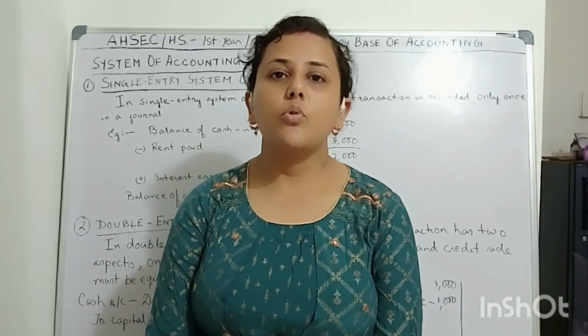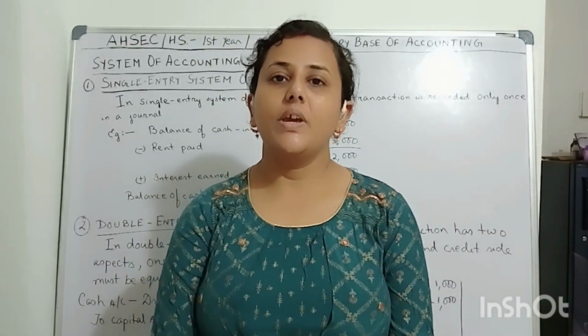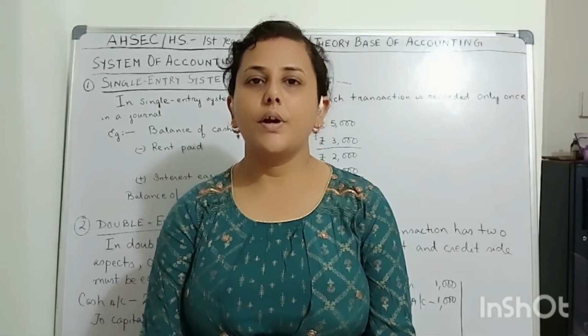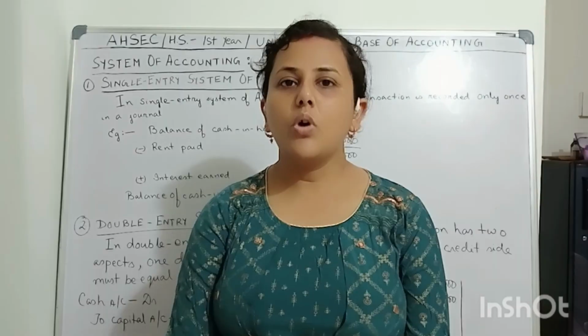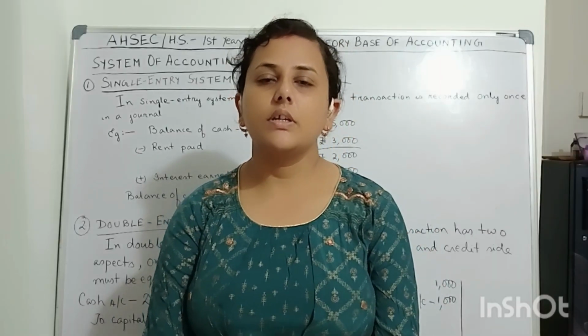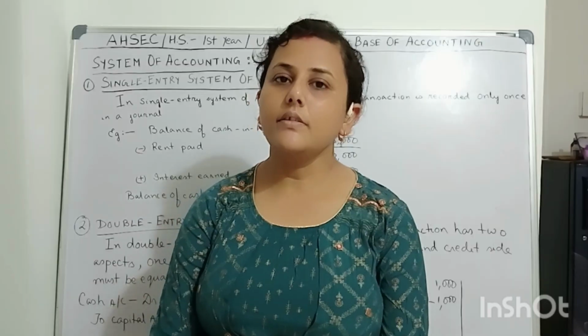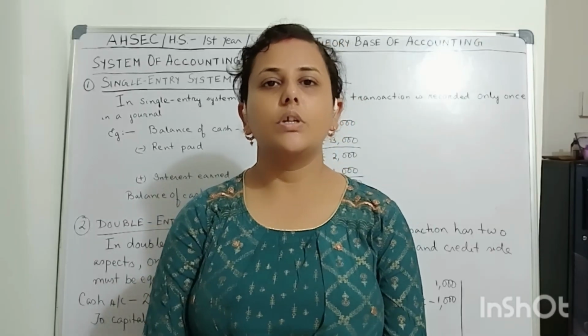So today I'm going to discuss from the HS first year syllabus the systems of accounting. Now what are the systems of accounting? It is the single entry system of accounting and the double entry system of accounting.